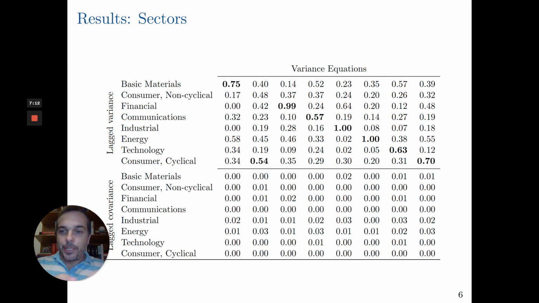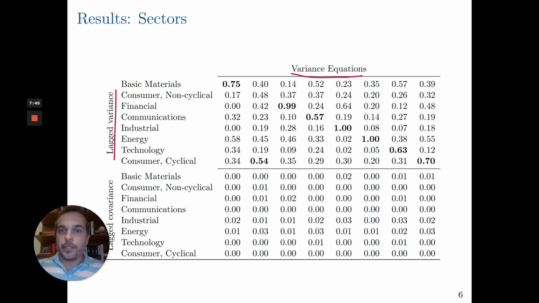So the matrix that you are looking at on the slides is the following. Each entry of the matrix is the frequency of a coefficient that links, in the first panel, a lagged variance to a current variance. So it's variance affecting variance, but we split that effect into different sectors.